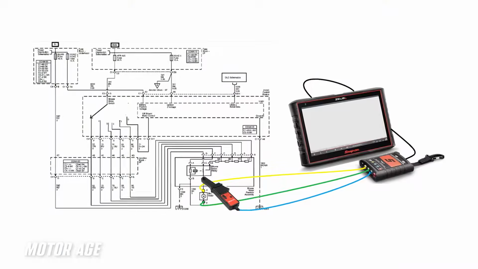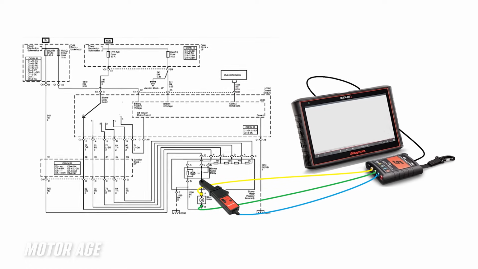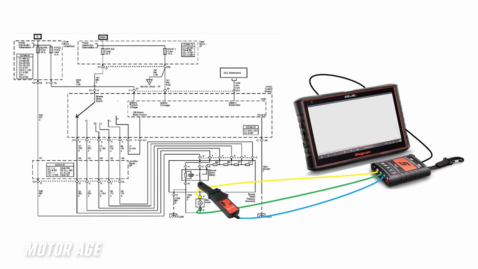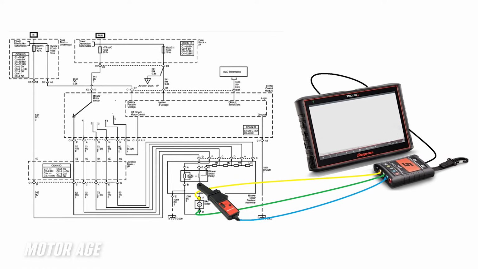So now that we have an idea of what it is we have to do and how the system is configured, we can develop our test plan. Using that wiring diagram, we're going to be placing our leads accordingly. We're going to be sampling available voltage at the blower motor and available ground at the blower motor and check it in the operative positions of that switch.